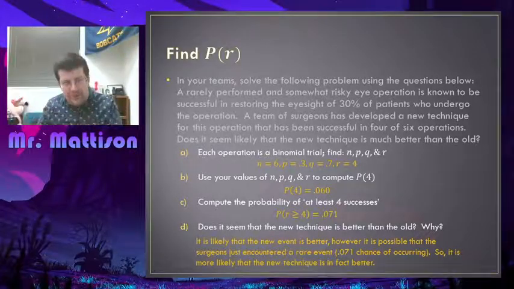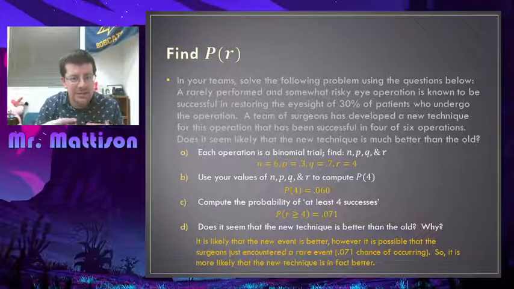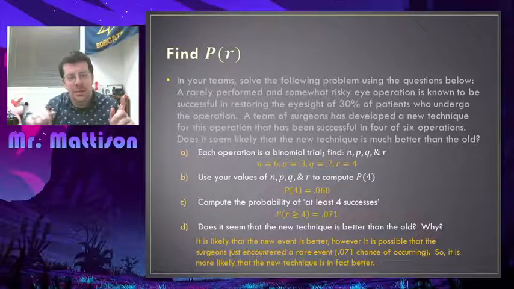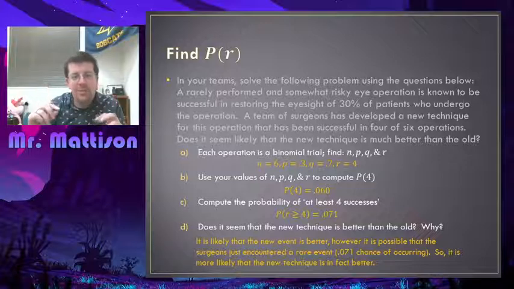Then do the same thing for the probability of getting all 6 of them. So that's going to be 6 choose 6, which, spoilers, is 1, times 0.3 raised to the 6th power times 0.7 raised to the 0 power, which is just 1, so it doesn't really do anything anymore.